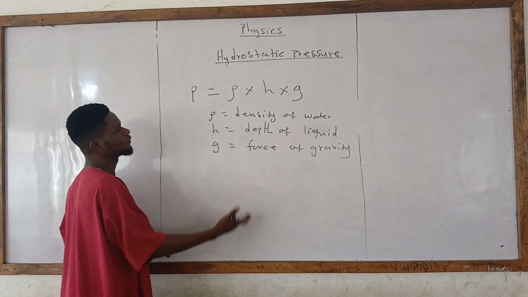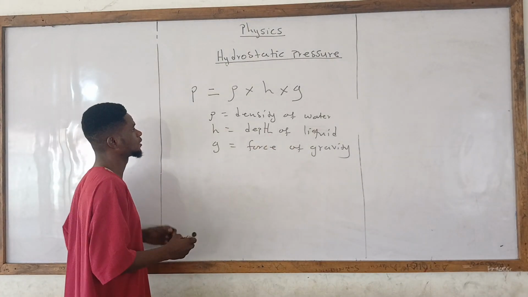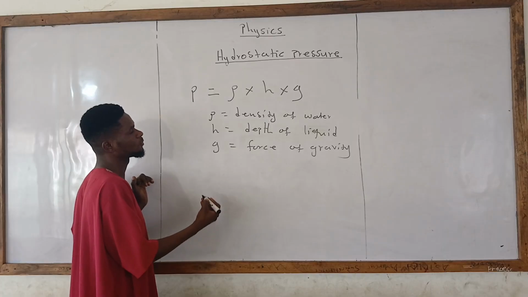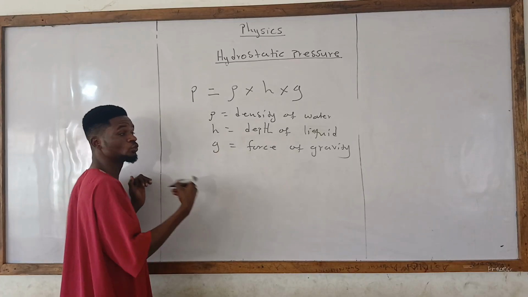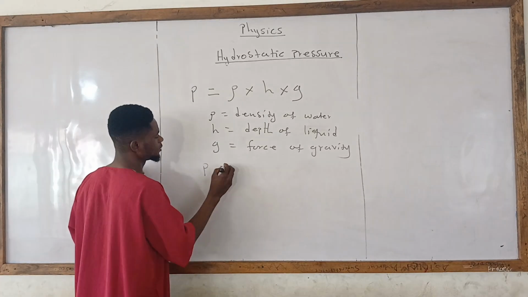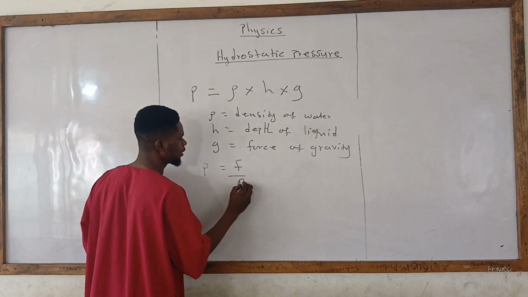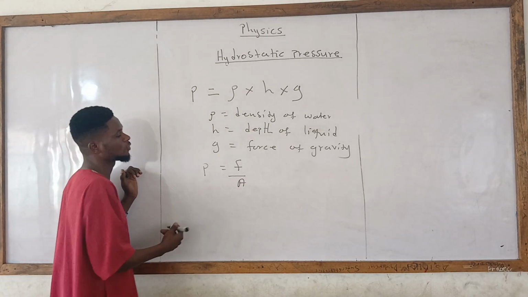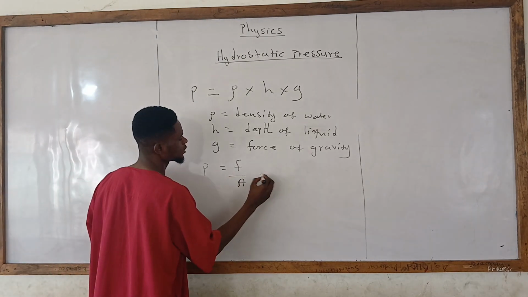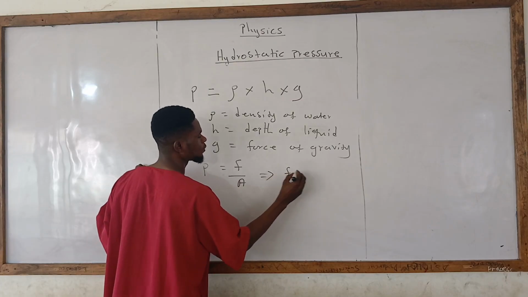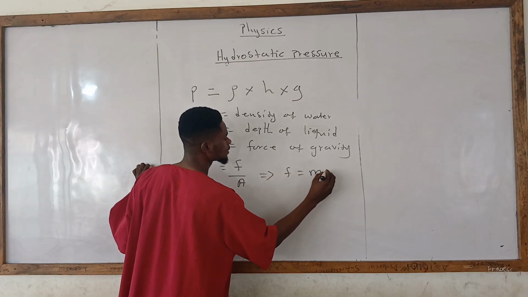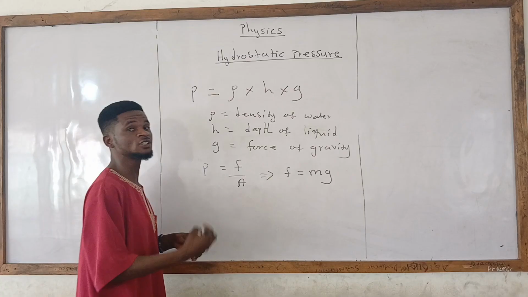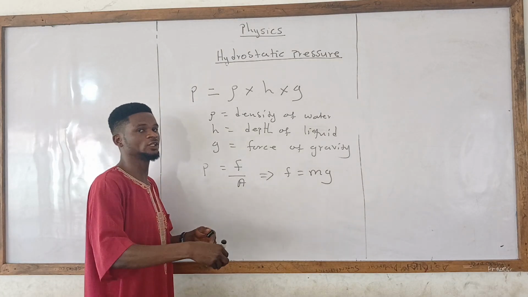Now, how did we come by this formula? We came by this formula because we all know that pressure is equal to force over area. If you know this formula, it means that we can also say this implies that force can be equal to mass times gravity, because the force in the liquid is acting perpendicularly.